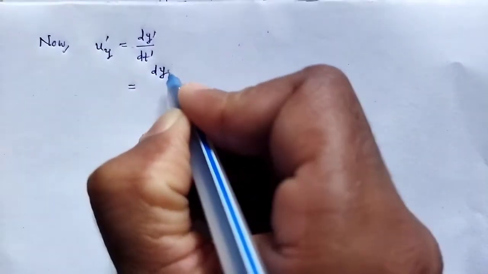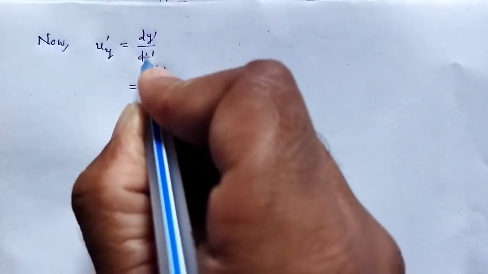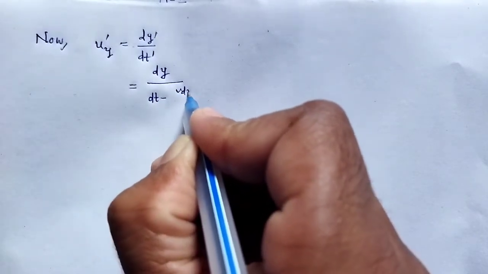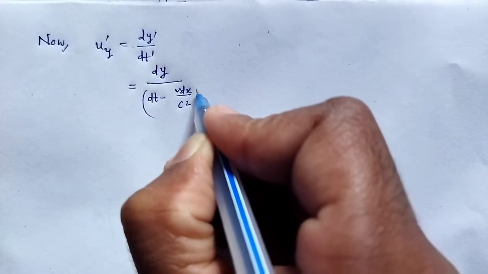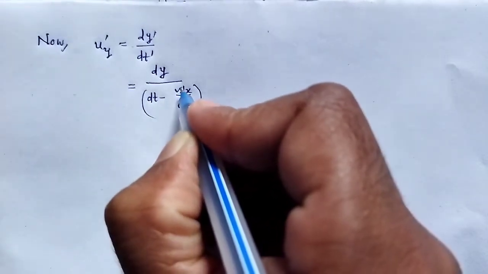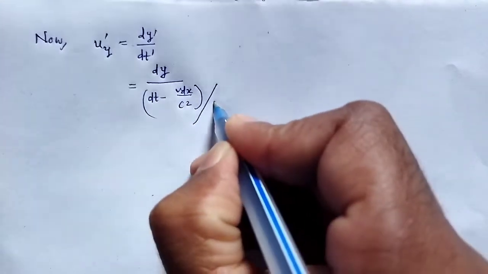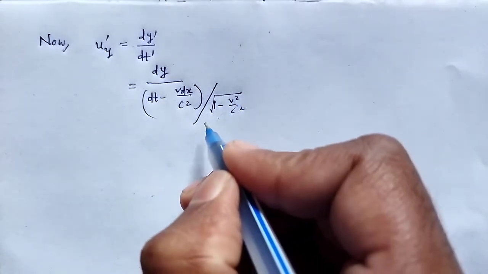that is dy, there will be no such change in y and z. In place of dt dash, that is dt minus v dx divided by c square, and whole divided by square root of 1 minus v square by c square.